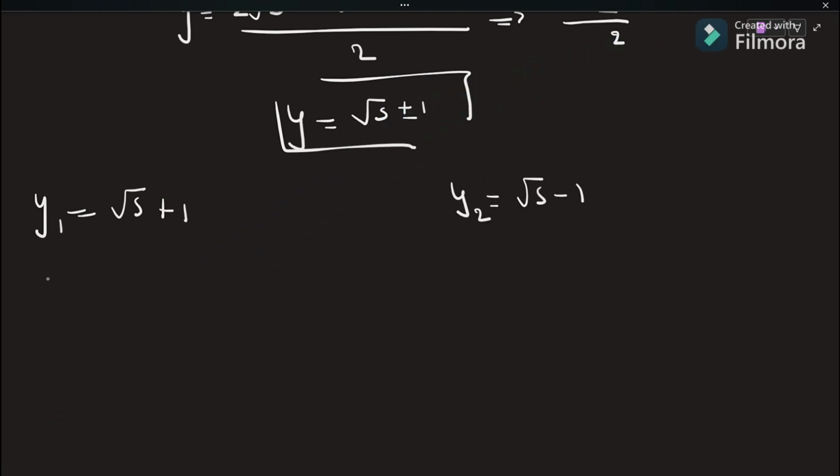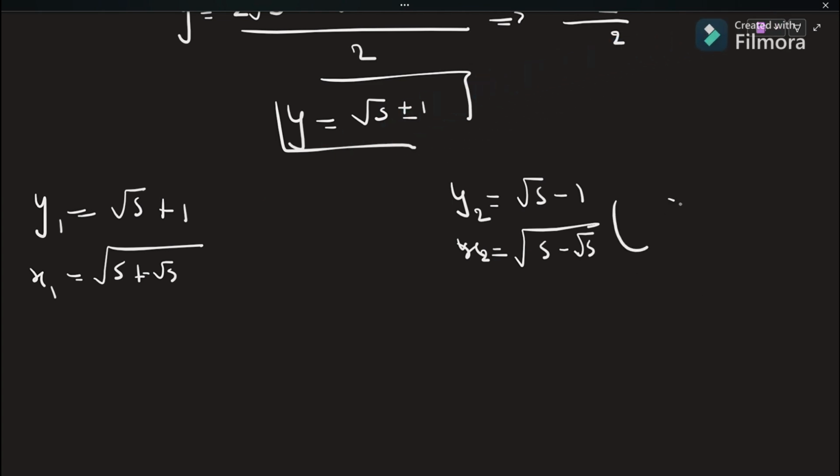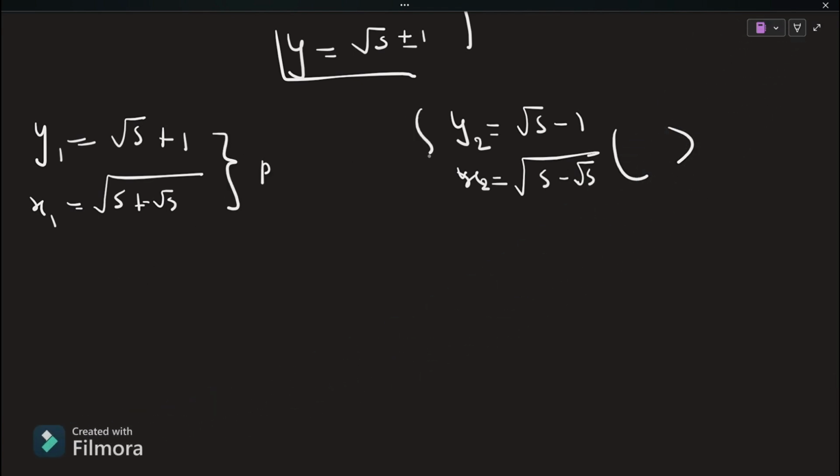When we put this value of y in the parabola, x1 equals root of 5 into (root 5 plus 1), and x2 equals root of 5 into (root 5 minus 1). For the first quadrant, this will be P, and this will be Q.